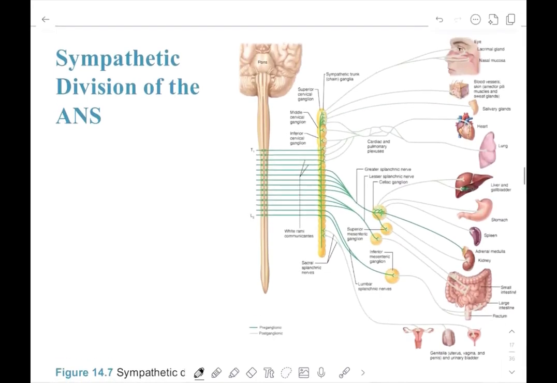For the sympathetic division here, again, you should know the different functions for these. But again, we can see that there's a short preganglionic nerve and a long postganglionic nerve. So the ganglia is close to the spinal cord, whereas for the parasympathetic division, it's the opposite of that.